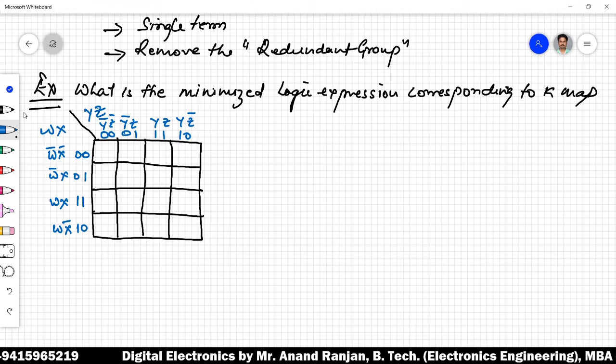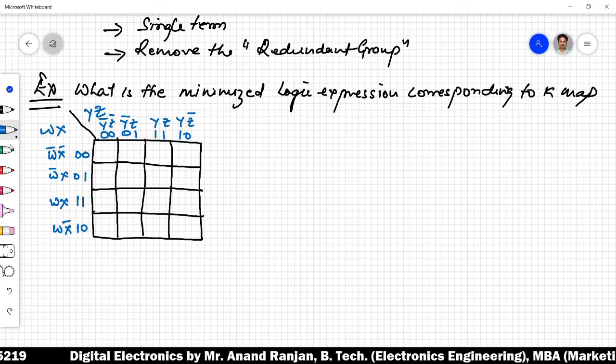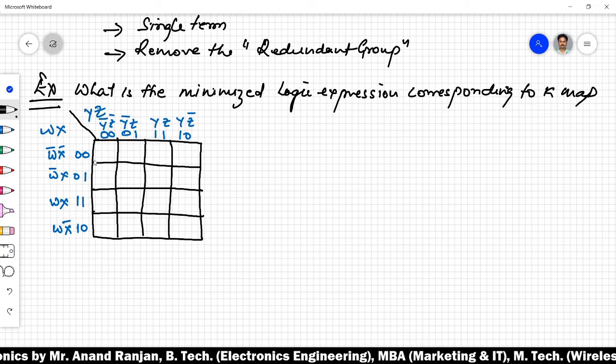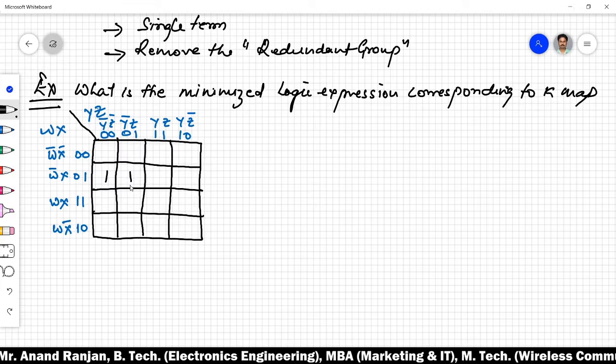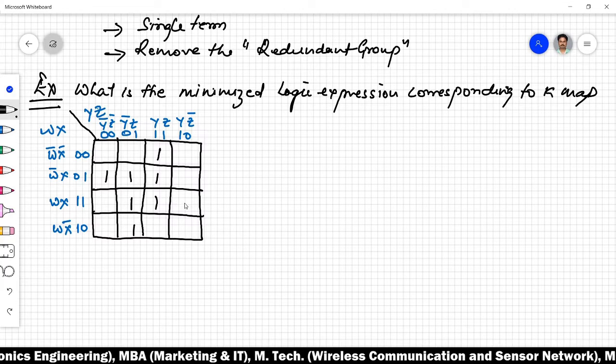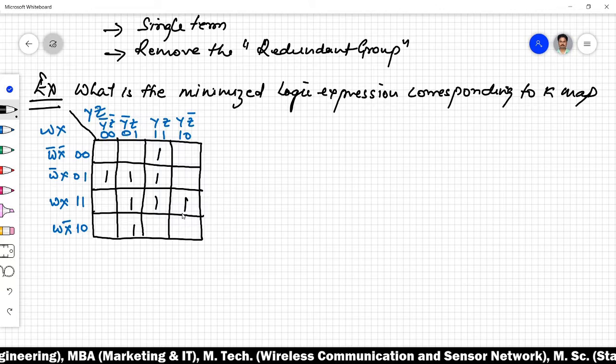In the problem, the ones are already filled in, and these filled positions are given to you like this. This is the already filled case, and you are asked to give the solution.